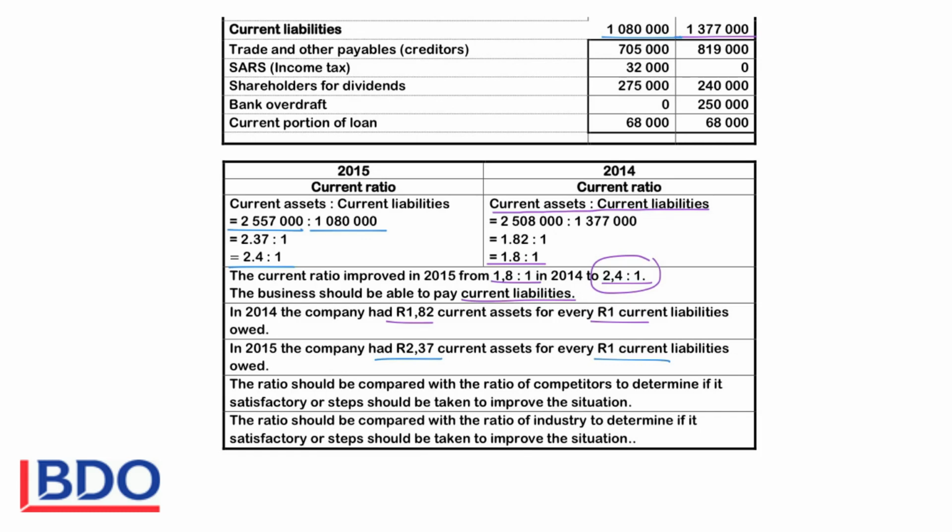This ratio, when we calculate it, should be compared with the ratio of competitors so that we can determine if this ratio is satisfactory, and if it's not satisfactory, what steps should be taken to improve the situation. The ratio should also be compared with the ratio of the industry to determine if it's satisfactory, and steps should be taken to improve the situation.